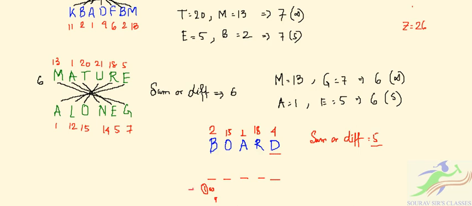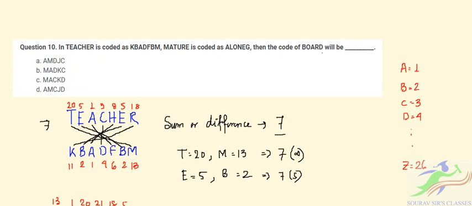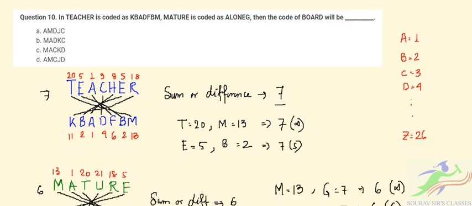Okay, so 1 stands for A, and 9 means I. Okay, so let's check with the options for this. So we have the option with A only.